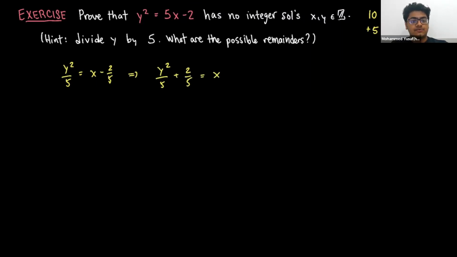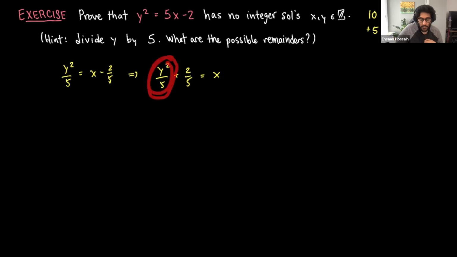And from this, we can suggest if x, y belong to the integers, then x will always be an integer, so x cannot be an integer solution. I see. What if y squared over 5 was 3 over 5? Then you would have 3 over 5 plus 2 over 5, which is 1, and that would be an integer, right?